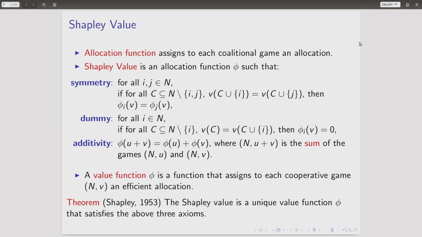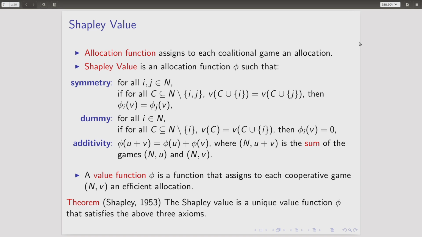So you take two games, and plus means simply, you can guess, these are functions, so it is adding two functions. So it is a new game in which you get the gains which are computed in each game separately. And he argued that this allocation should be additive.